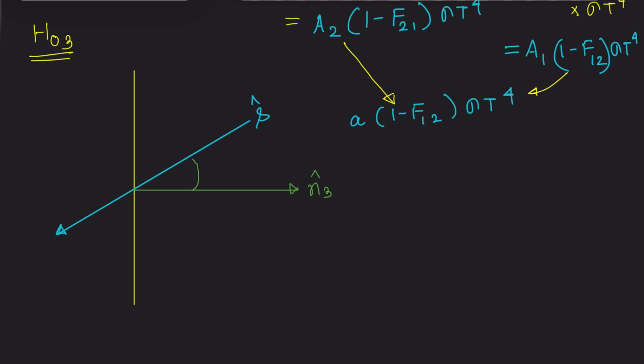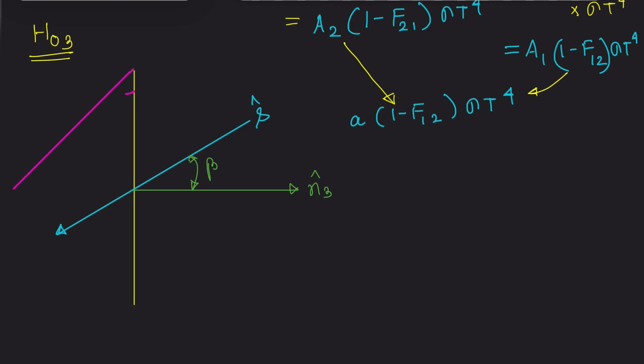If this angle is beta, I need to find cos beta, because S cap dot N3 cap is nothing but cos beta, right? So I need to find the angle beta. How can I find that? See, what I know is that I have another surface like this, right?